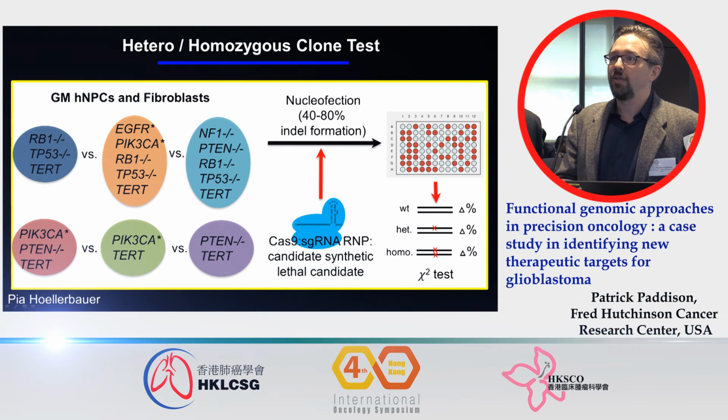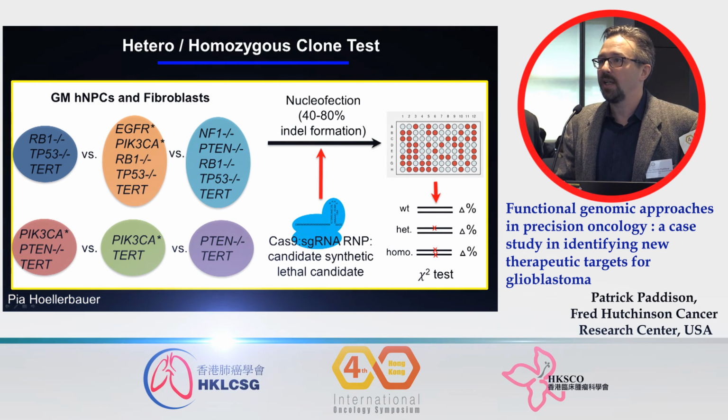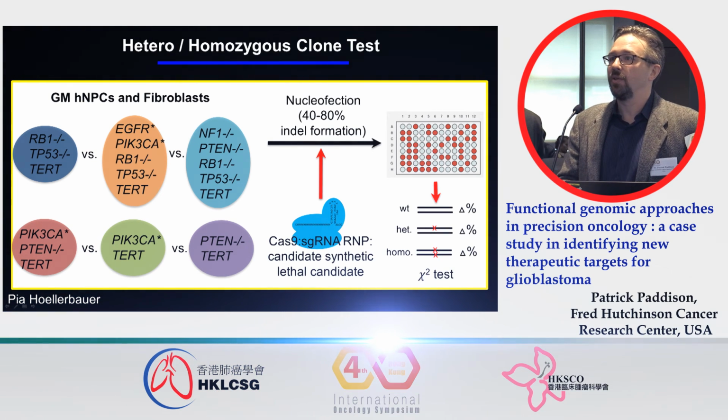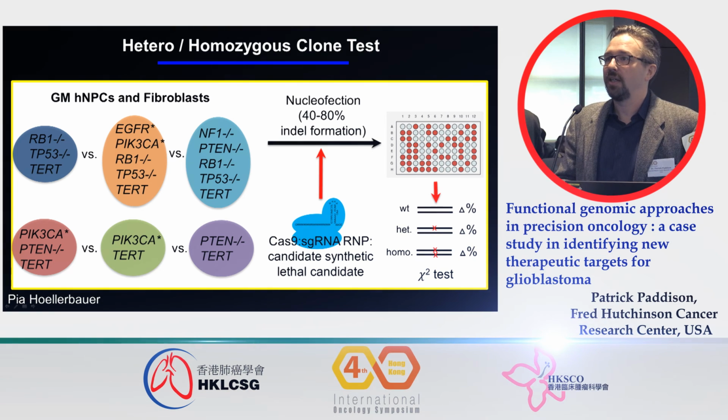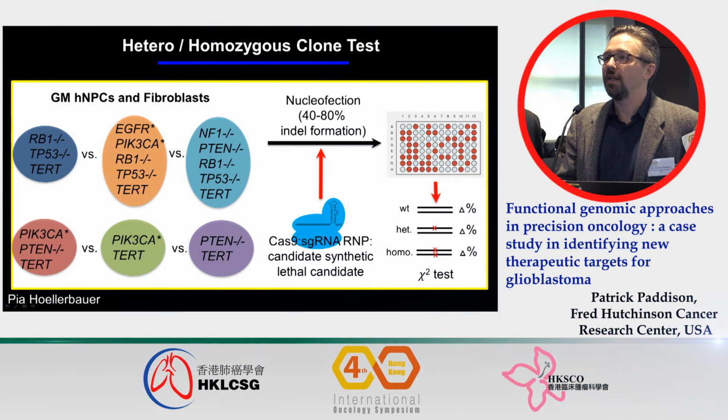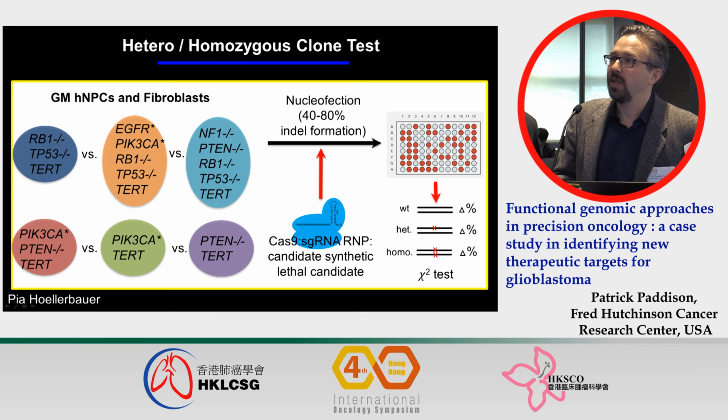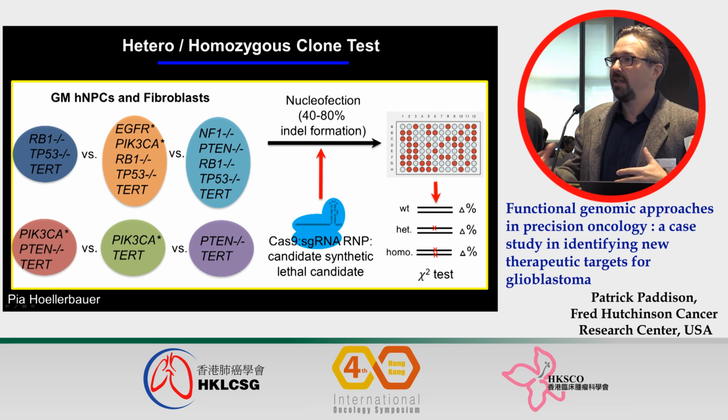So one of the ways we're doing it is engineering our neural progenitors to put the oncogenic drivers and tumor suppressors into those cells via Cas9. But then we're using the RNP version of Cas9, the in vitro complex, to generate indels in the candidate synthetic lethal genes at high frequency.